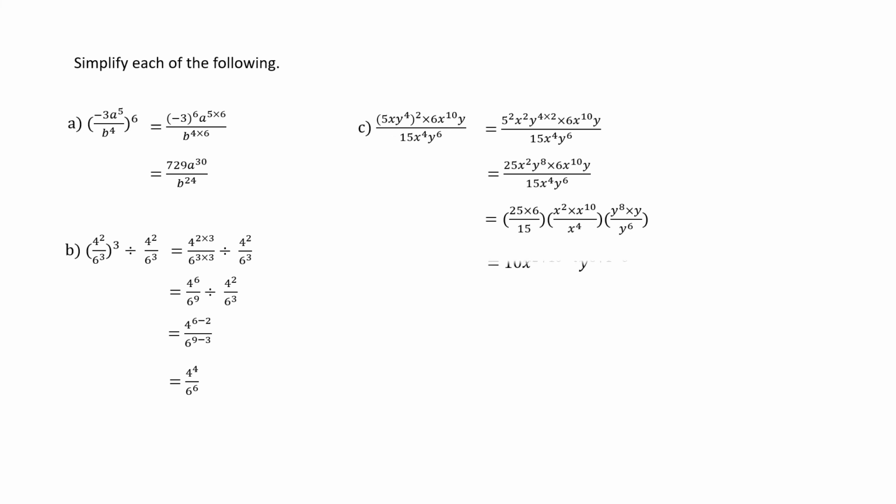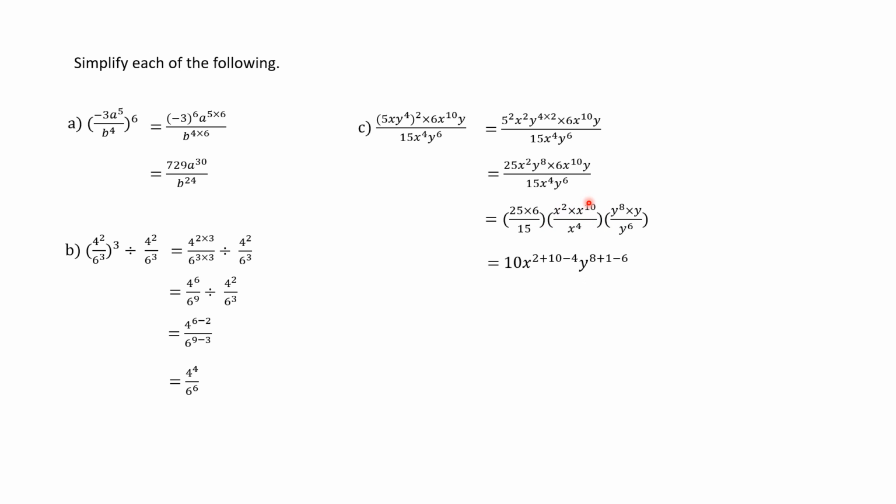After that, you simplify it. This is a number, you can use your calculator to calculate it. And then for this, you simplify it for the same base. If it is multiplication, you can add up their power, 2 plus 10, and for division of the same base, you can minus it.